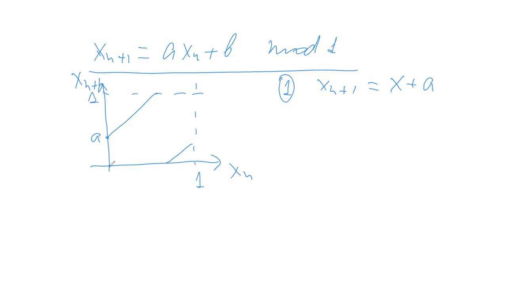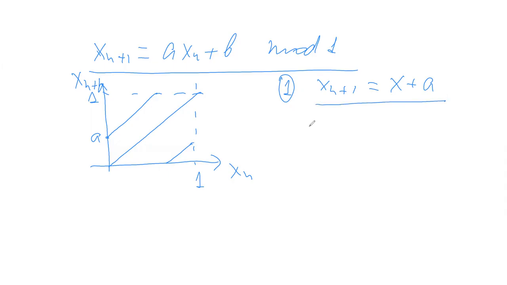This is our diagonal line. What we can say is that there are no fixed points here. And if there are no fixed points, there is no convergence to anything, and there is no divergence to anything.